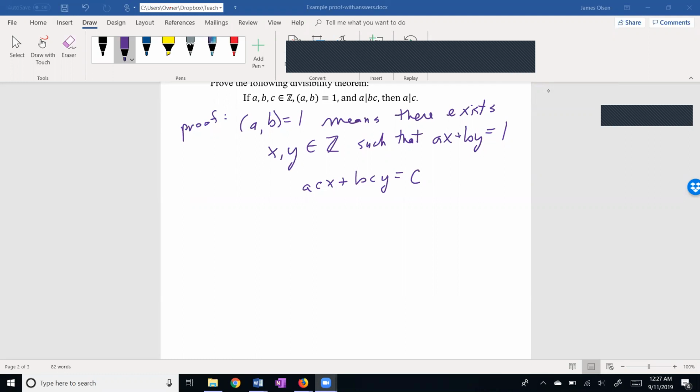But I think you do know the last line of our proof. The last line of our proof needs to be our conclusion that A divides C. We have not yet used the other piece of given information. The other piece of given information is that A divides BC. So you're going to need to use that fact.